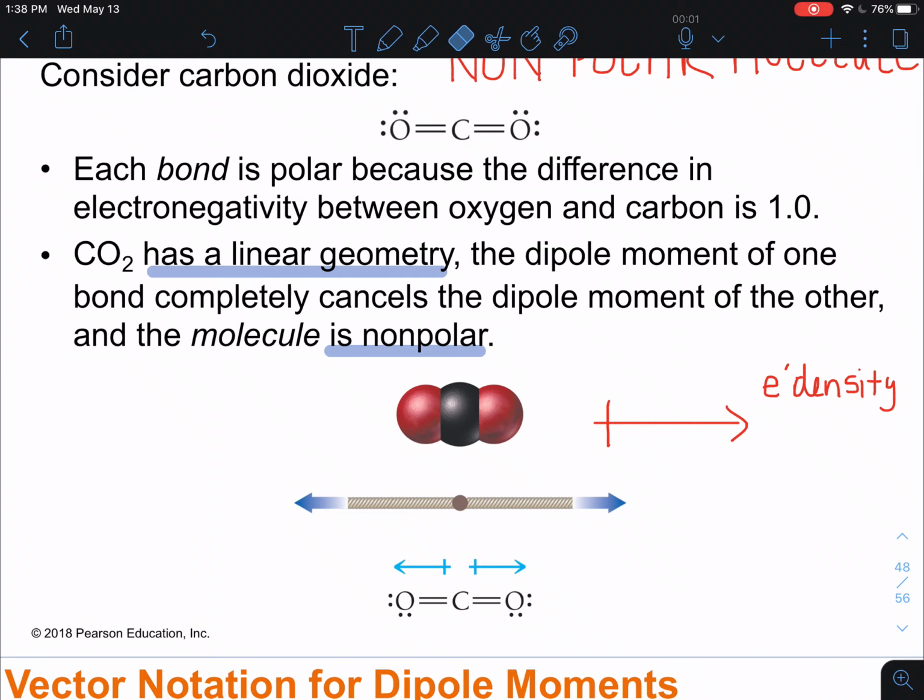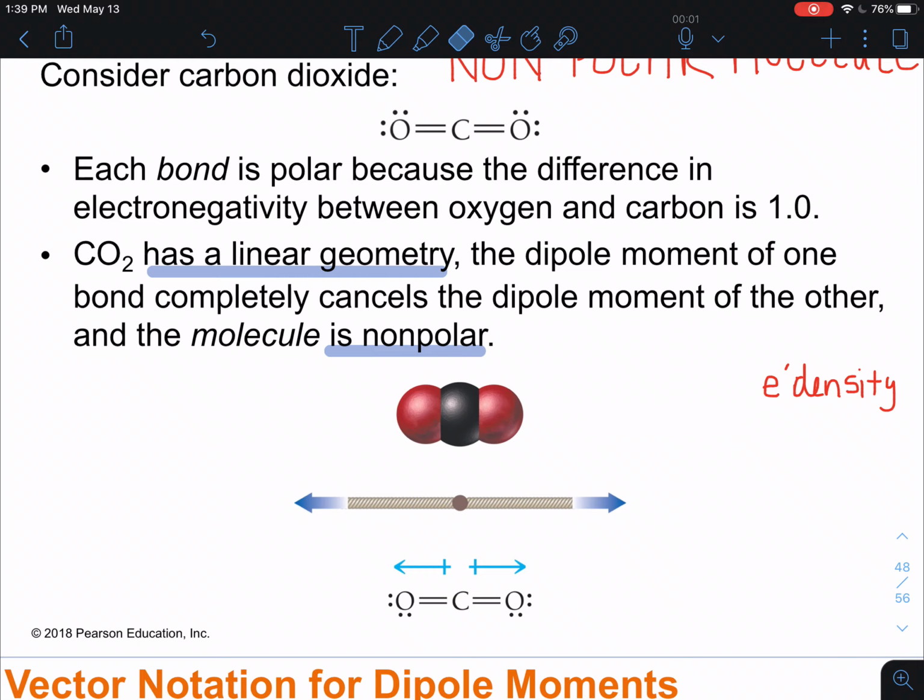And essentially what we're looking at is that if two vectors are pointed in equal and opposite directions, when we add them together, the vectors cancel each other out. All right.